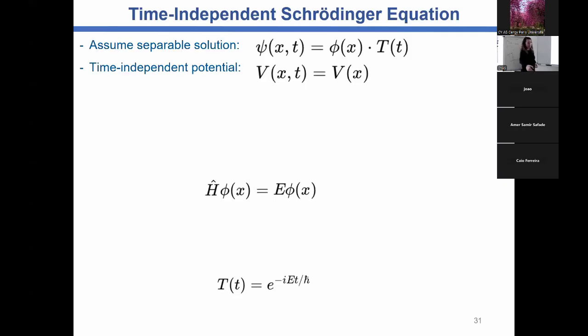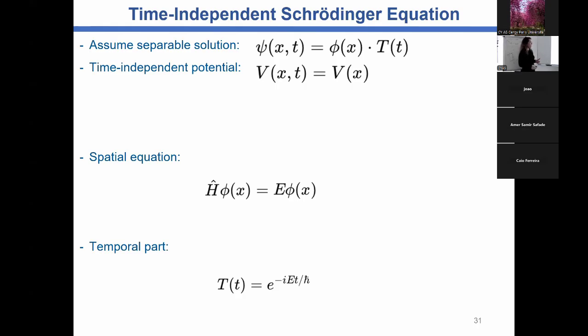When the system is time dependent, we can split the system into a spatial part and a time part, and we can solve the system using just the spatial part, and using the temporal part just to describe the evolution of the system.